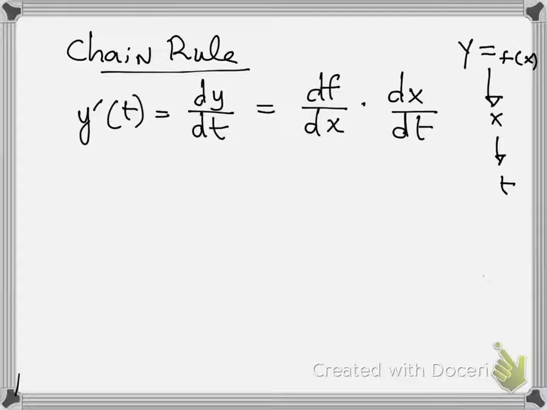So if you want to compute the derivative of y with respect to t, then you have to multiply the derivative of the function f with respect to x, so dy dx times dx dt, okay? So now we're going to extend this chain rule to several variables.